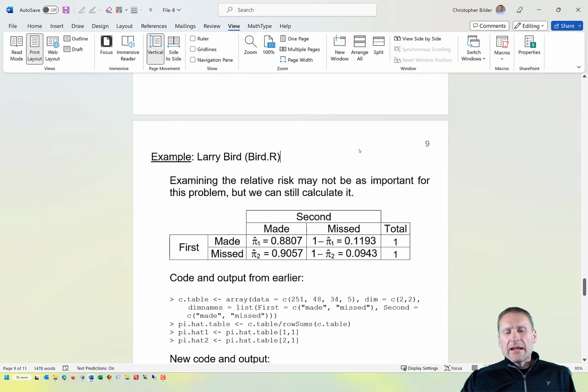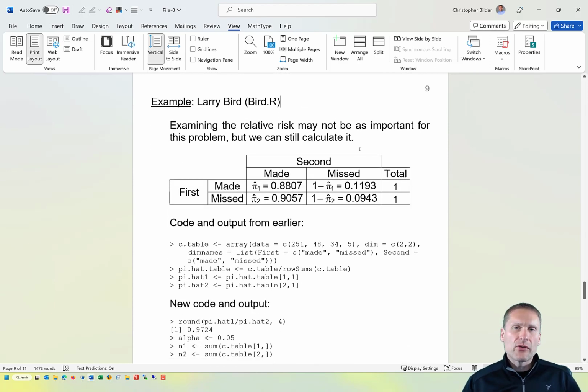Okay, here's another example. Now this goes to the Larry Bird example that we've been discussing a number of times. In this particular example, one probably wouldn't want to use a relative risk with it because the estimated probabilities here are so large. Again, relative risks are best used when your probability of successes are small. But if one still wanted to calculate the relative risk, here's how you could do it.